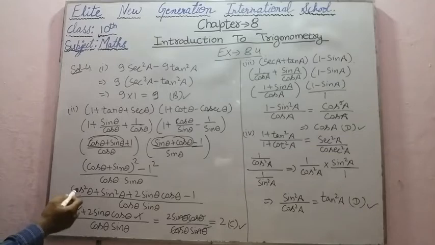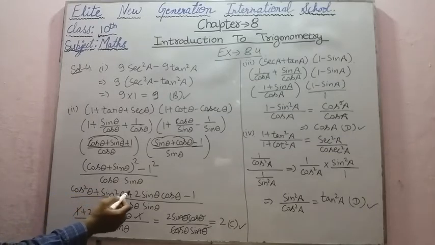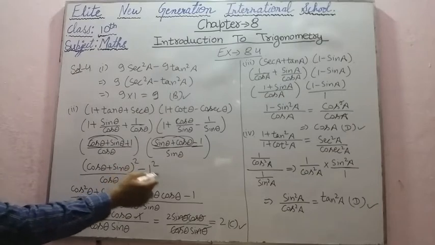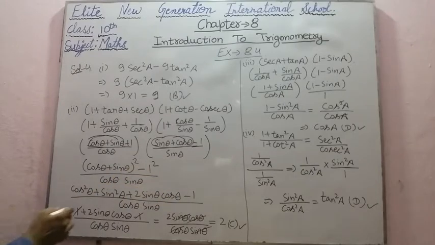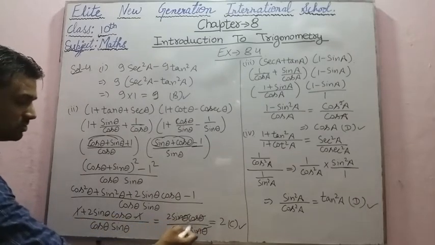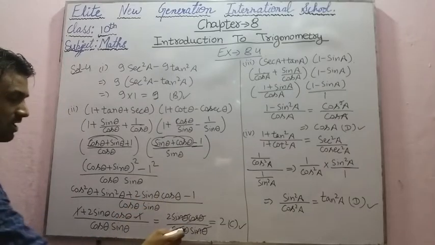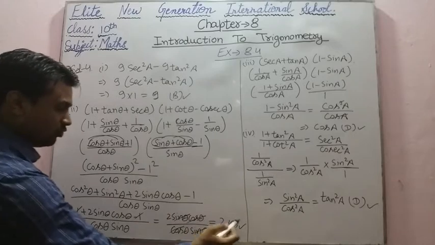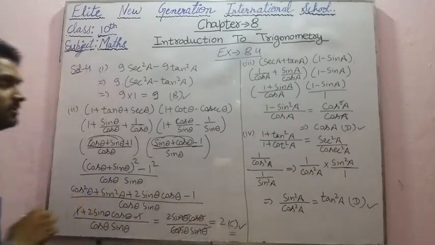So it will become cos square theta plus sin square theta plus 2 sin theta cos theta, and minus 1 square will be 1. So here the value of cos square theta plus sin square theta will be 1, then plus 2 sin theta cos theta and minus 1. This minus 1 and plus 1 will be cancelled. So it will be 2 sin theta cos theta upon cos theta sin theta. So here cos theta and sin theta will be cancelled. So here the answer will be 2. So here option 2 is correct.